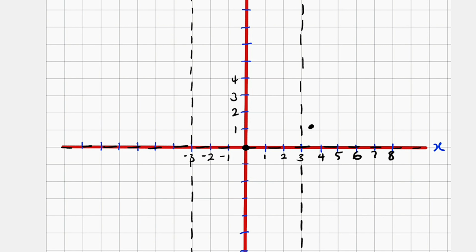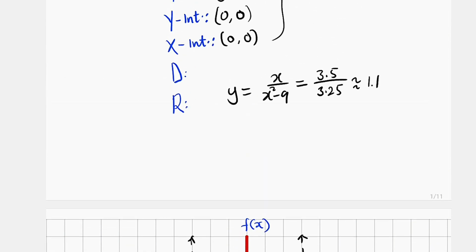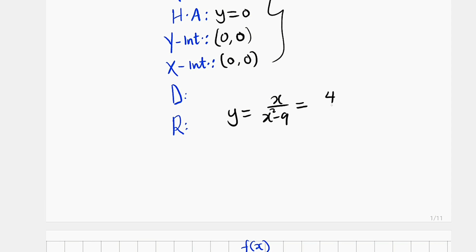So when x is 4, let's test that. We have 4 divided by 4 squared is 16, then 16 minus 9 is 7. We have 4 divided by 7, and 4 divided by 7 is approximately 0.6. So when x is 4, y is 0.6.